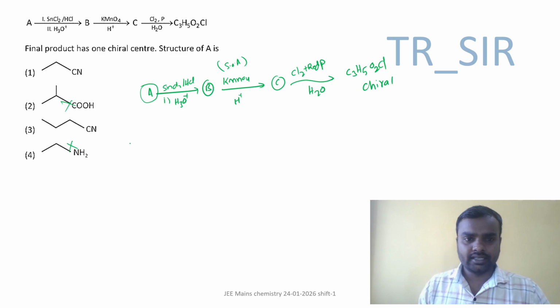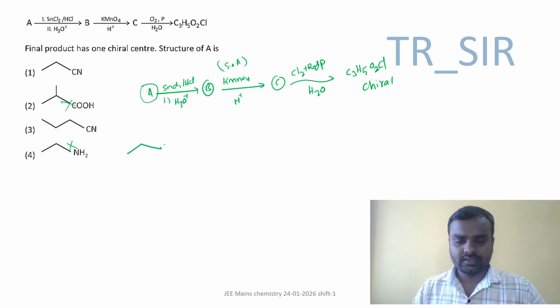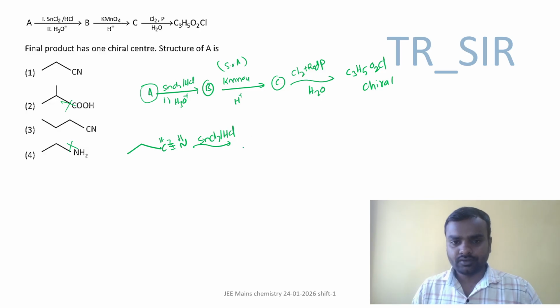Let us take C triple bond N. This is Stephen's reduction only. First, imine formation will happen, giving H double bond NH.